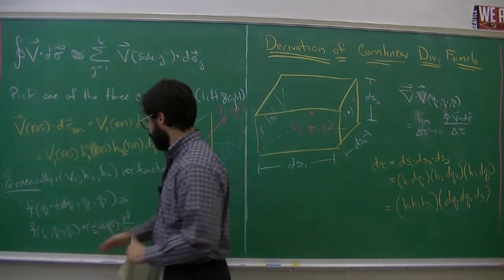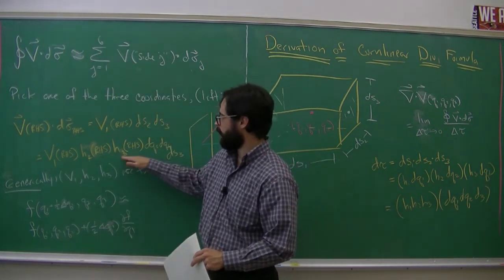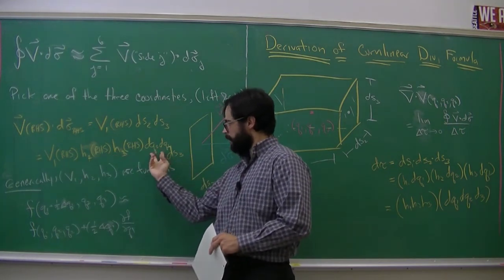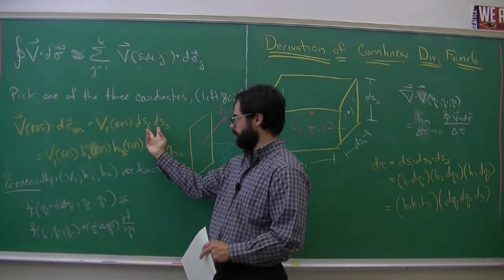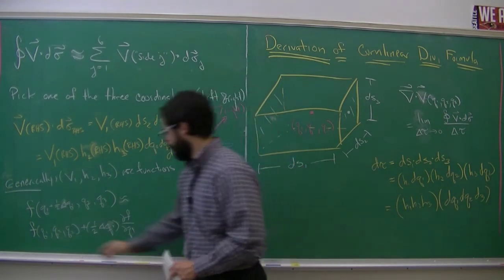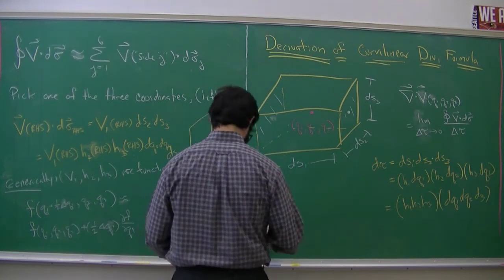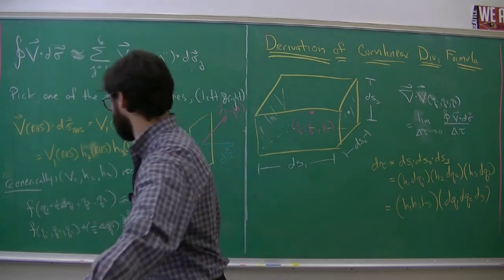Okay, so I'm just moving coordinates. The scale factor is taken into account by the fact that we've turned our ds's, which have actual units, into dq's. This is just a coordinate q. So basically I do that, and then I have to do all of the Taylor expanding and all of the canceling.